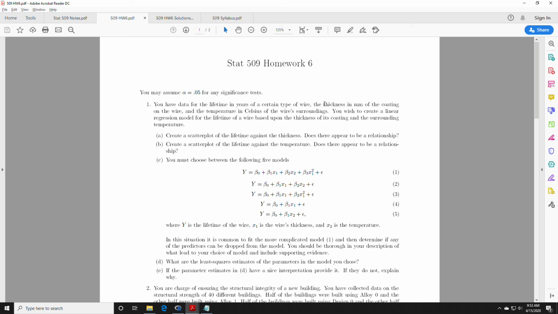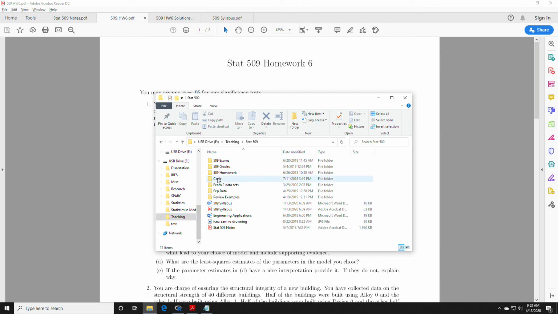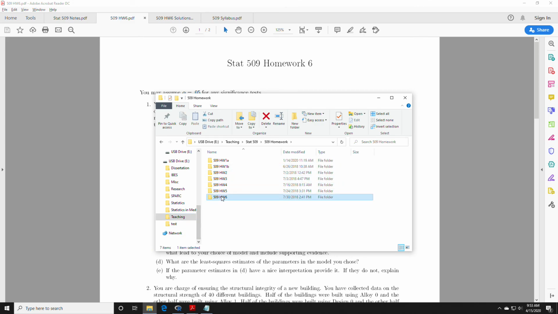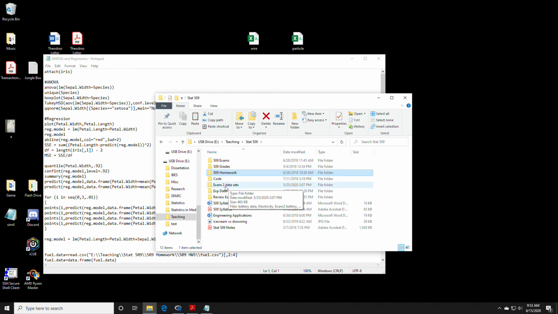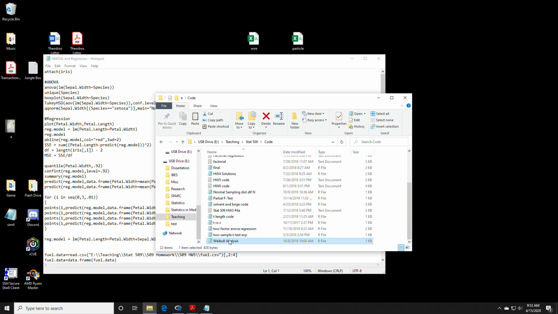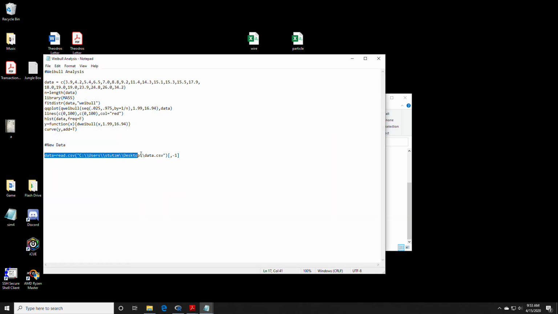Okay, well, first we have to get this data into R, right? So wire, let's put that on our desktop. Wire's there, and we need that line of code, okay?